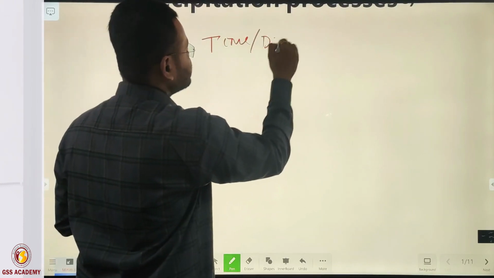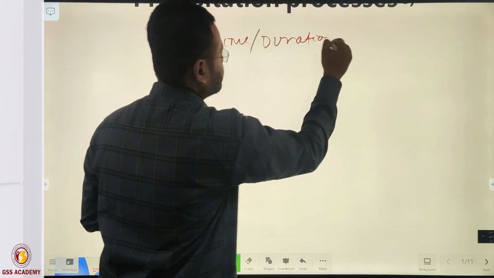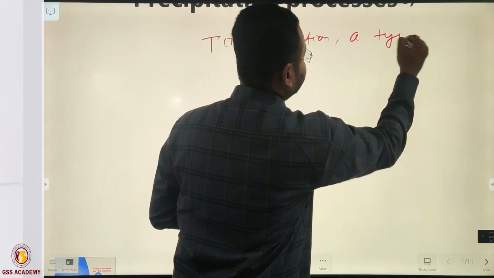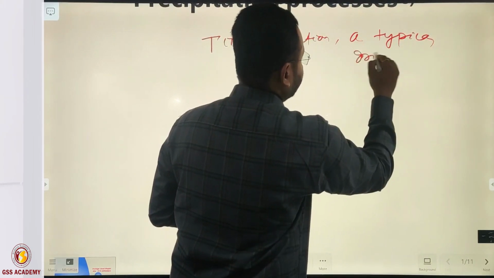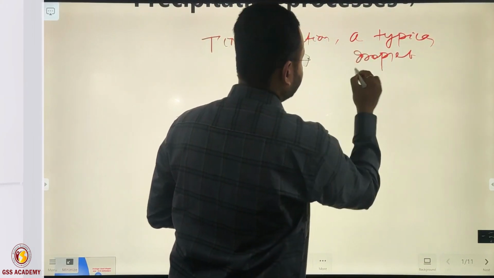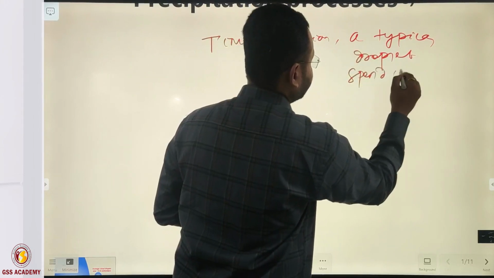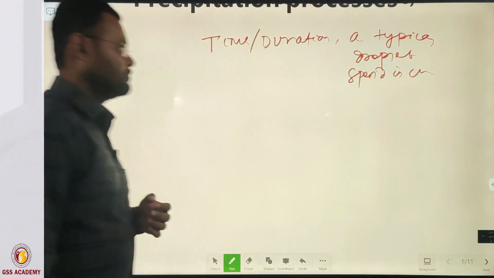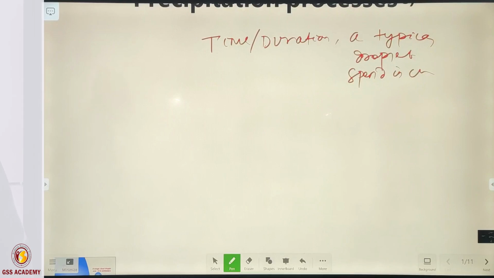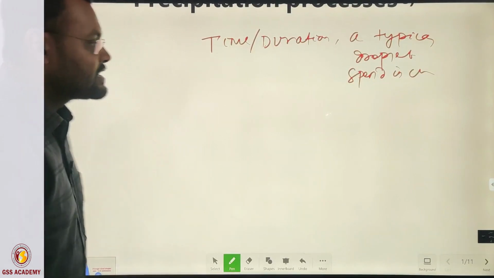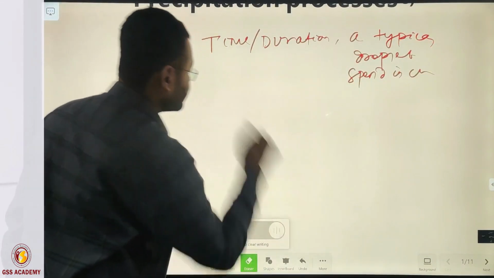the time, or the duration, a typical raindrop spends in the cloud.